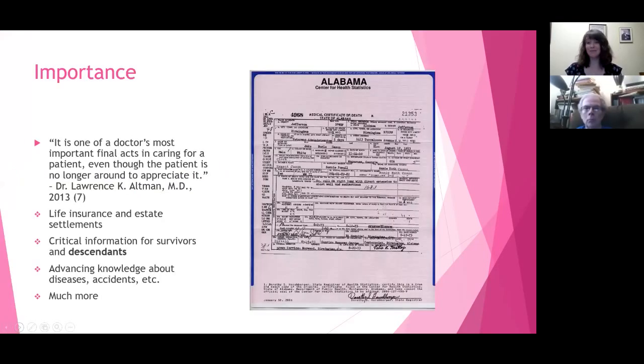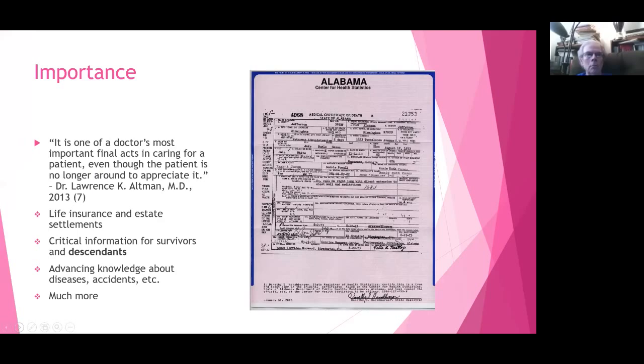Okay, so death records. On your right, this is an example of an Alabama death certificate from 1973. And according to Dr. Lawrence K. Altman, MD, filling out the death record is one of a doctor's most important final acts in caring for a patient, even though the patient is no longer around to appreciate it.